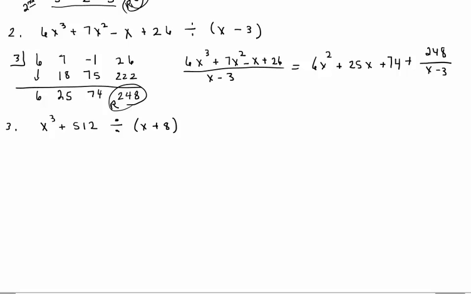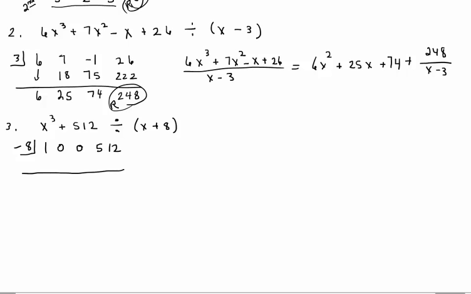We can use the shortcut because this coefficient is 1 and this exponent is 1. It's a linear factor. So the 0 of this factor is -8. We have a coefficient of 1. Notice the x squared and the linear x term are missing. So we're going to put in a 0 for the x squared and a 0 for the x term, and then 512 here.